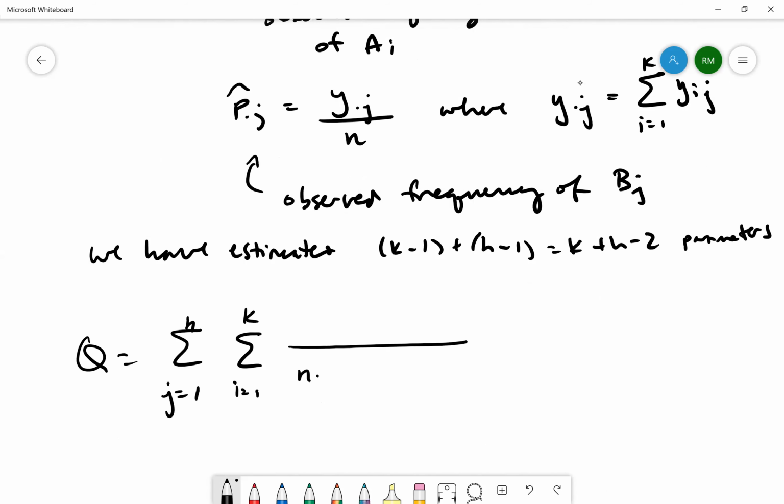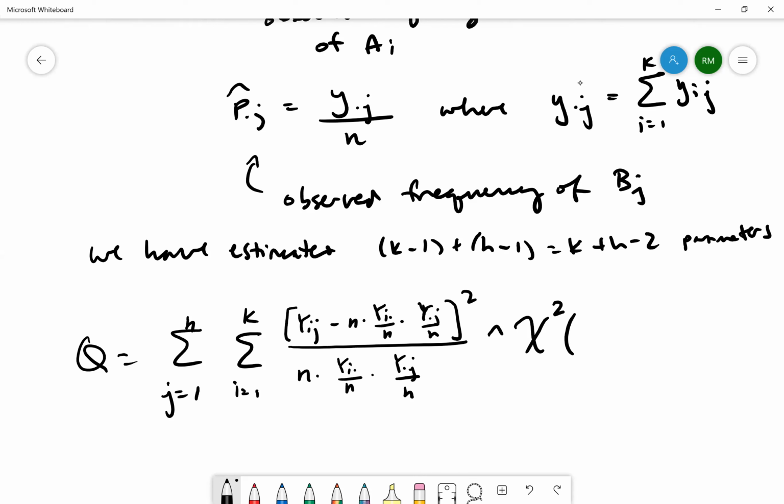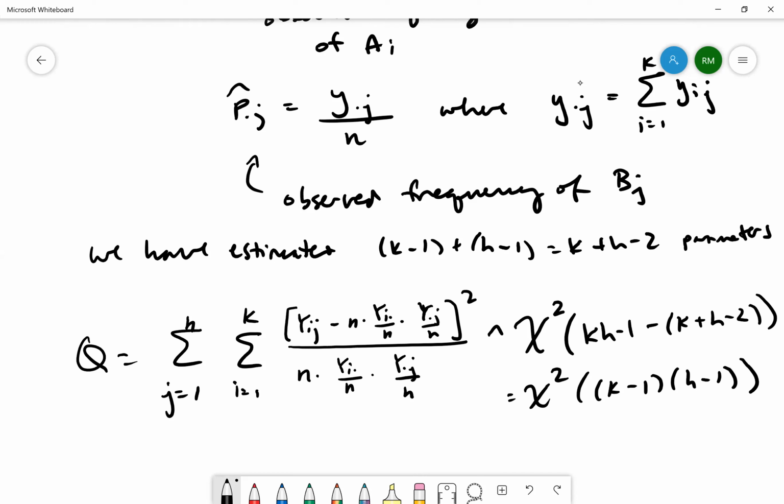So we get this very lovely expression. And this is a chi-square random variable with kh minus 1 minus (k plus h minus 2) degrees of freedom, which if we do the algebra is (k minus 1) times (h minus 1) degrees of freedom.